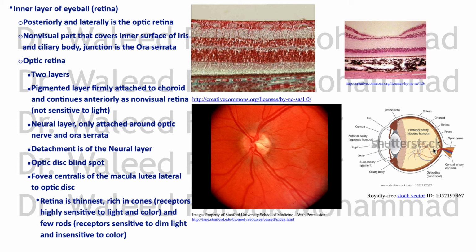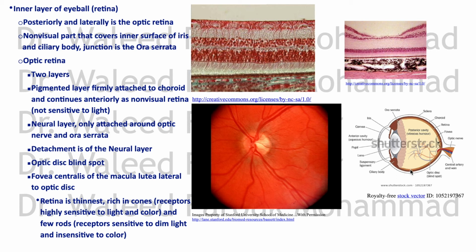Another site of attachment of the neural layer is where the optic disc is, while the pigment layer of the retina is firmly attached to the choroid. And actually, the line of separation in retinal detachment is between the neuronal and the pigment layer, not the whole thing.